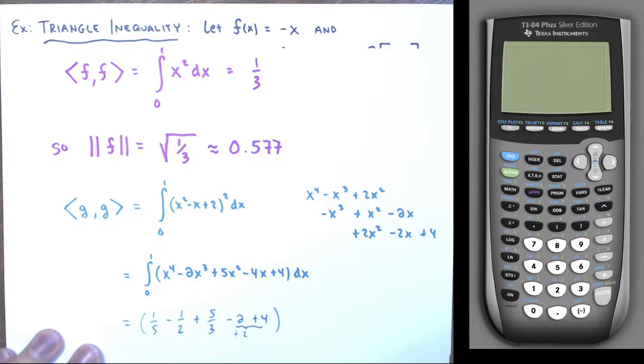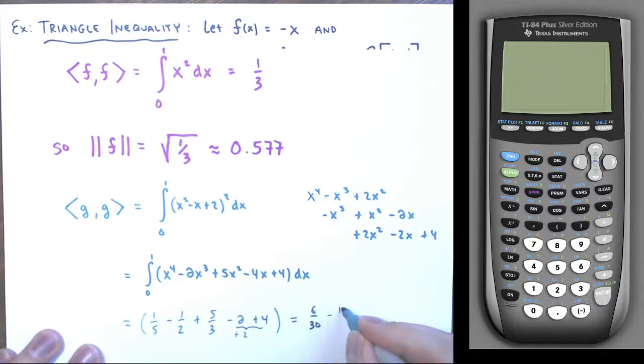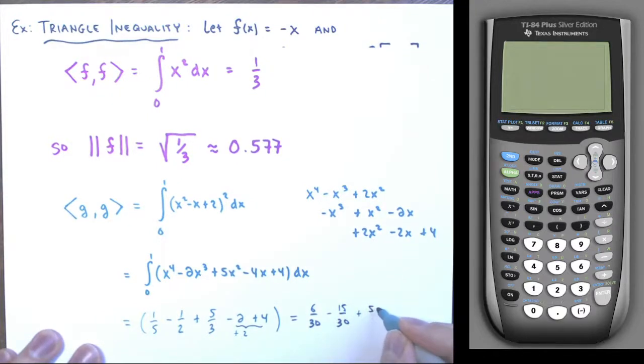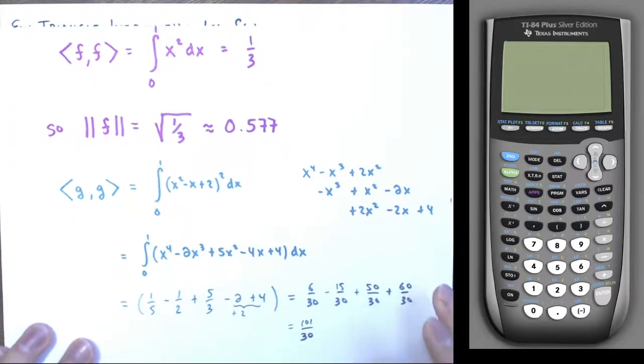And get everything to be 30ths, the least common denominator. So this would be 6 30ths minus 15 30ths plus 50 30ths plus 60 30ths, the 2 at the end there. So this is 110, and then minus 9, 6 minus 15, 110 minus 9, this is 101 30ths. And that's the inner product of g with itself.